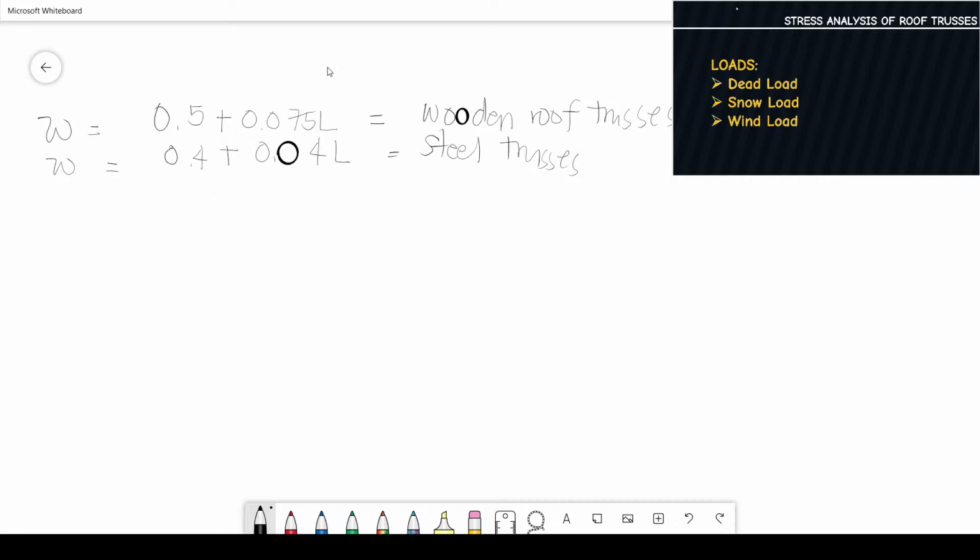Again, the dry snow may be taken at 8 pound per cubic foot, and that wet snow at 10 pound per cubic foot. Usually given ito problems. By the way, the W in here is weight of the truss in pounds per square foot. Pag in kaso, diri inighatag, so you have to solve this one using this formula.